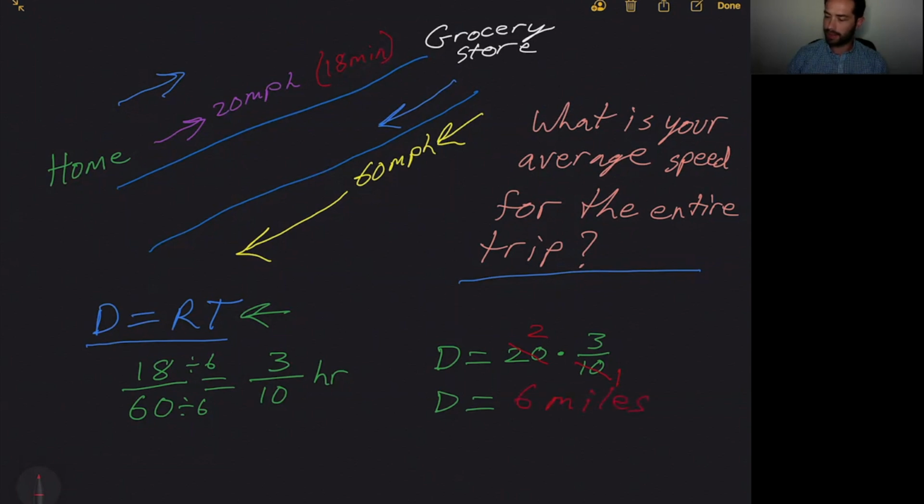Okay, so now I know that the distance is 6 miles, right? And that's going this way, or 6 miles going this way. Okay, so now I need to go down to the last part where it says we went down the hill at 60 miles per hour and we went for a distance of 6 miles.